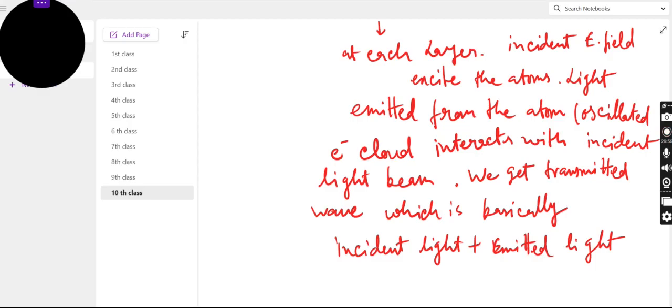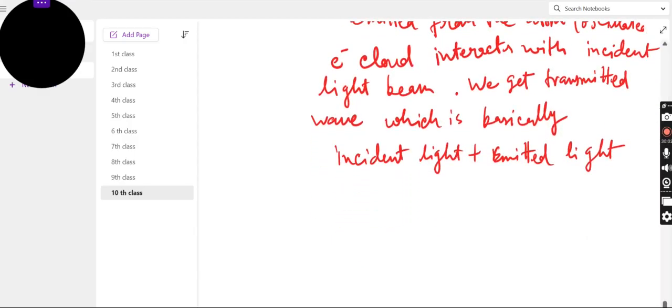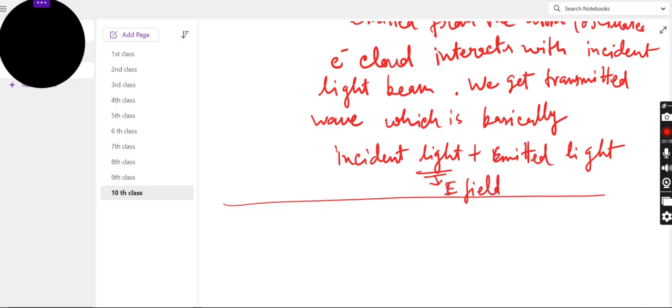So that is what matter does to light. And this light, or this is basically the electric field. So this electric field has a polarization component because there is polarization happening.